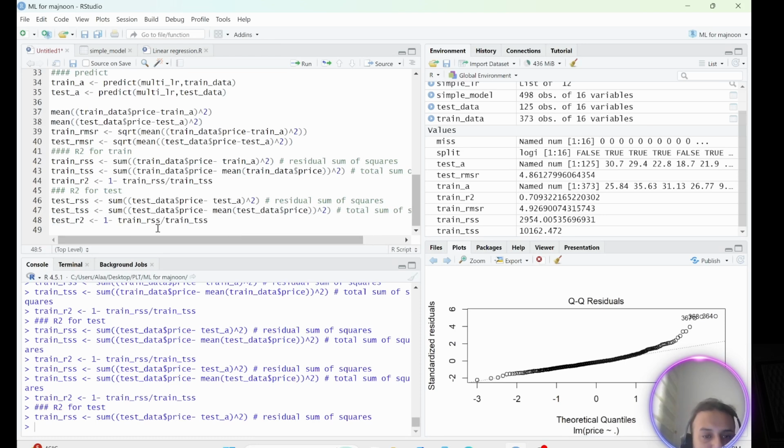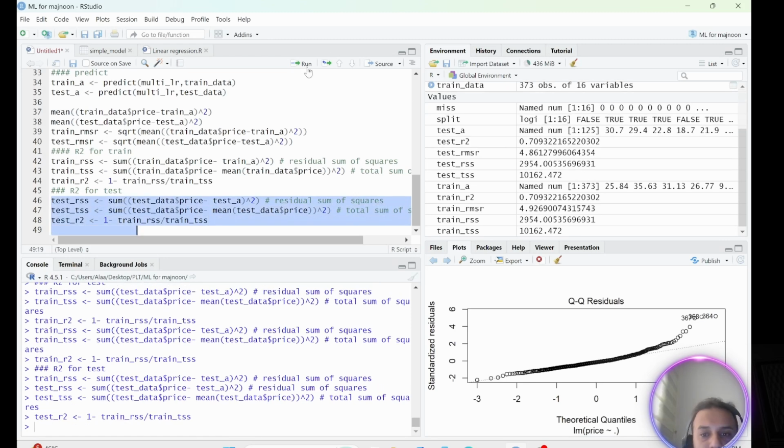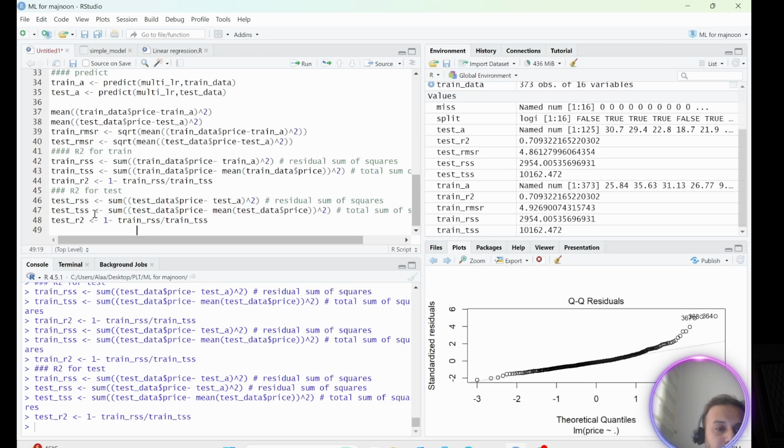Now if I run this, I will have the test r square. Where is the test r square? It is 0.709, and it's very close to the train. The train is 0.715 and this is 0.709. So this is how to calculate the r square for the test data.